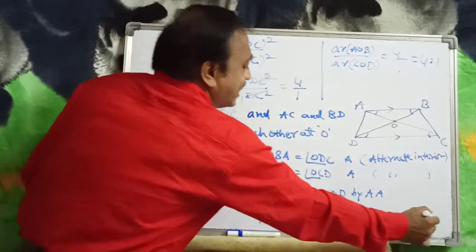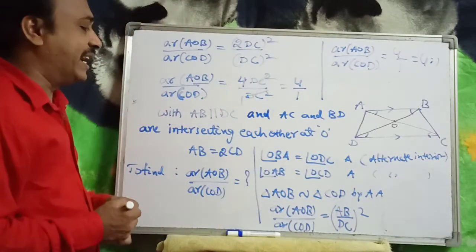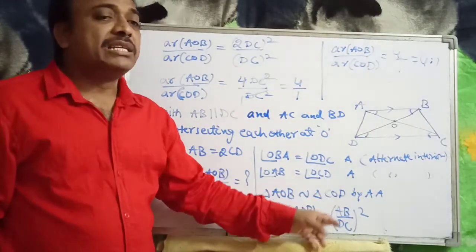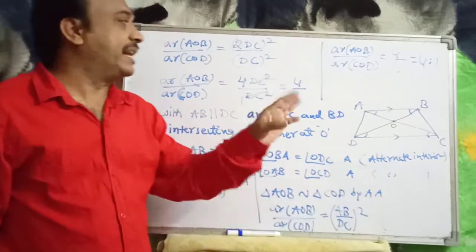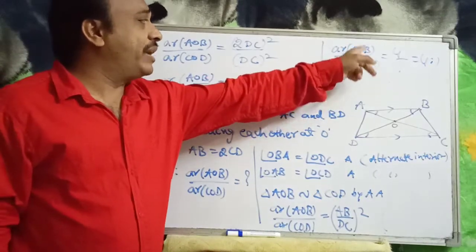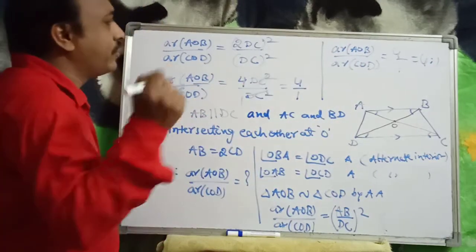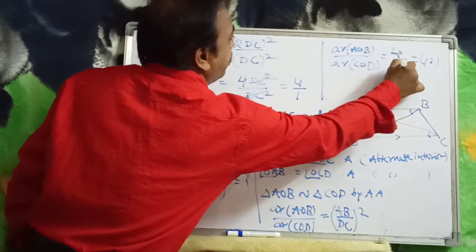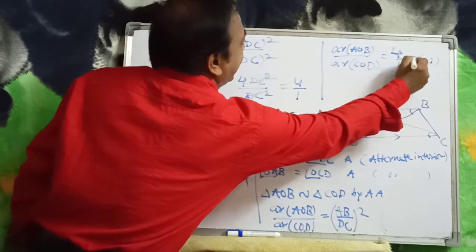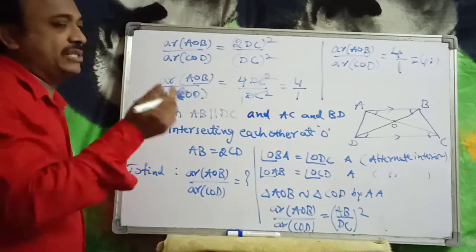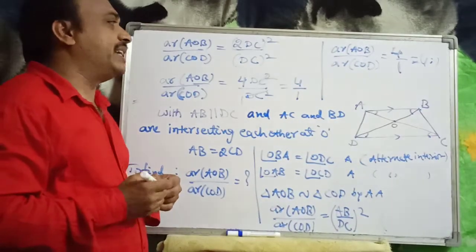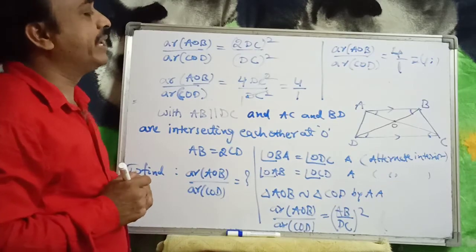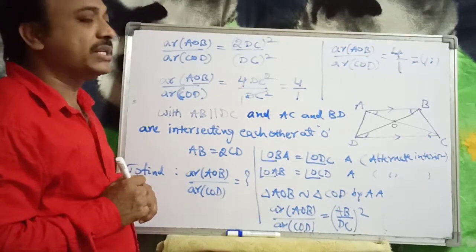So area of AOB by area of COD is equal to 4 by 1, which you can write as 4:1.